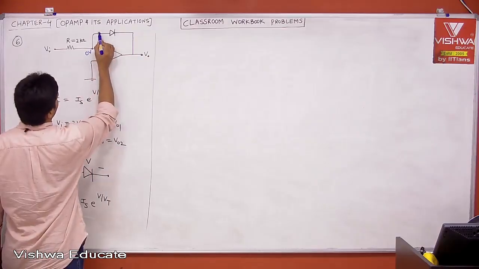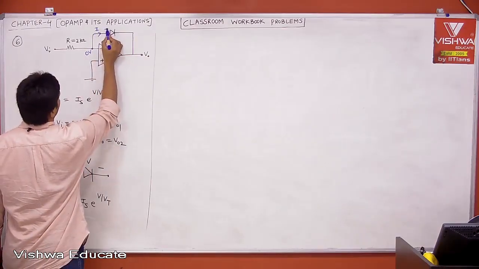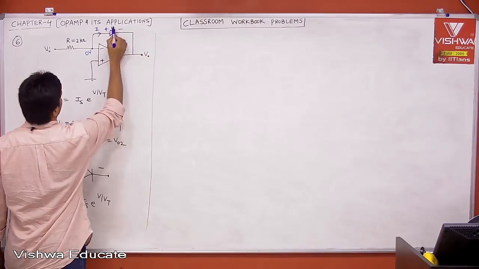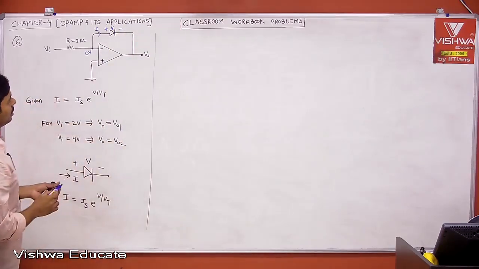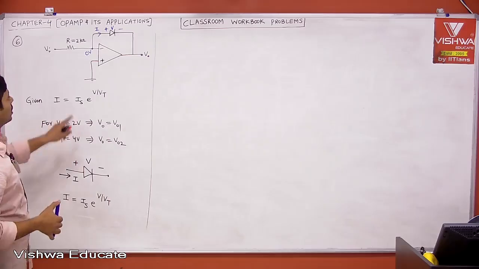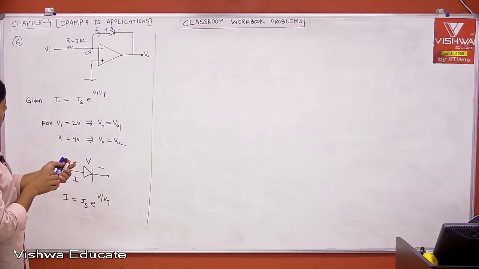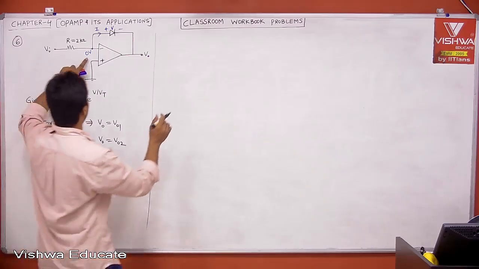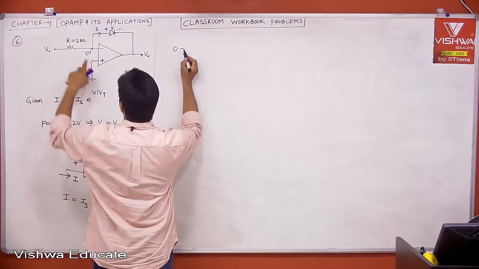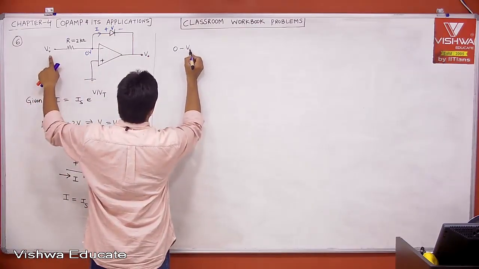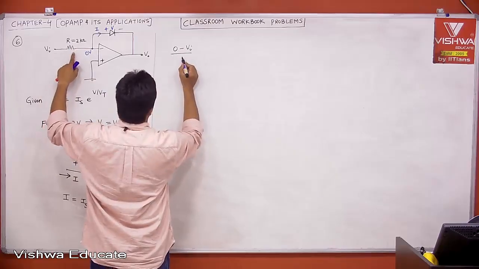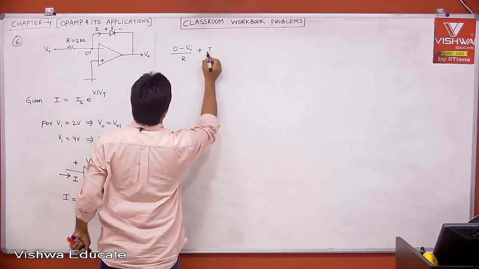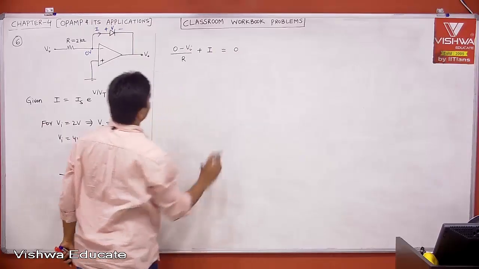The current is already known to you, that is given. Let me say this is I, and the voltage across the PN junction diode is V. Then the V to I relationship is already given. Then we can write the nodal analysis. Current leaving from this node is equal to 0 minus Vi divided by R plus current leaving from this node, that is nothing but I, is equal to 0.